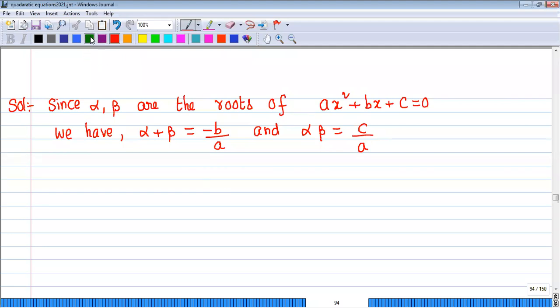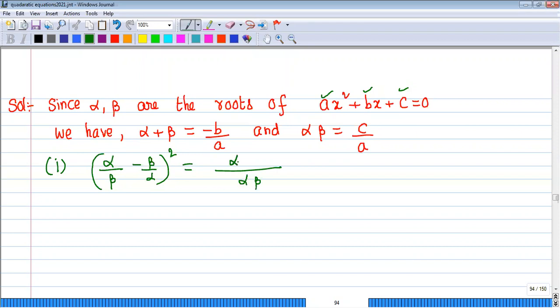Now as far as our first question is concerned, that question is alpha by beta minus beta by alpha whole square. It needs to be expressed in terms of a, b, c. How could it be done? Take LCM alpha beta. So alpha square minus beta square whole square upon alpha beta whole square we can write.